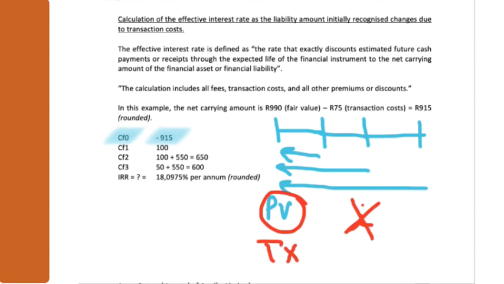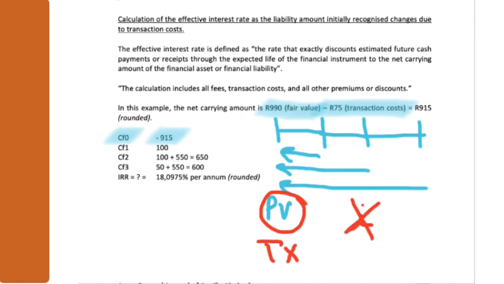It is the PV that we calculated before, adjusted with the transaction cost. So that is the 990 Rand fair value, the PV, less the transaction cost. You don't need to memorize that it's less transaction cost. Look at your journal entries. It was a debit. A debit to a liability does reduce the liability.